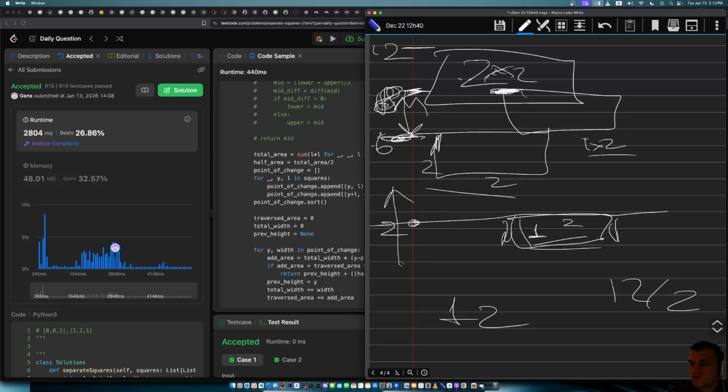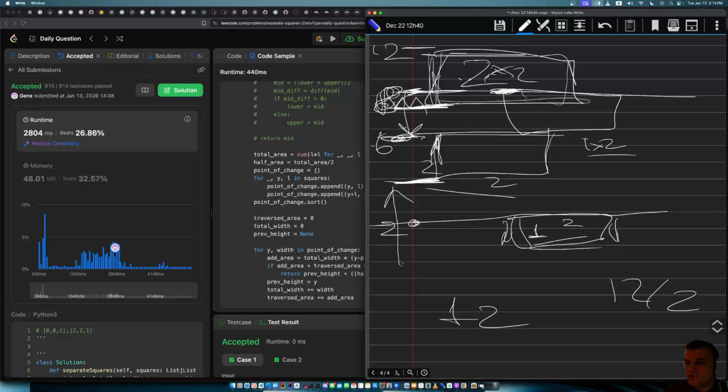And then they can explore whether it's on the edge or in between, and if it's in between, they'll probably find it linearly. The question right now is okay, but this rectangle is also affected. So probably the point of change includes not only the lower part but also the upper part.